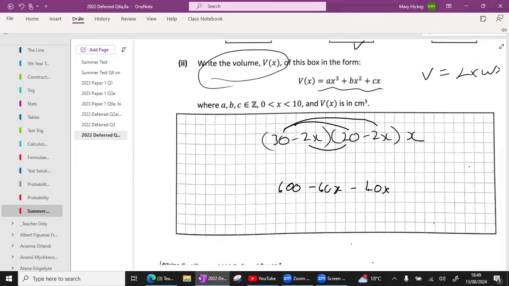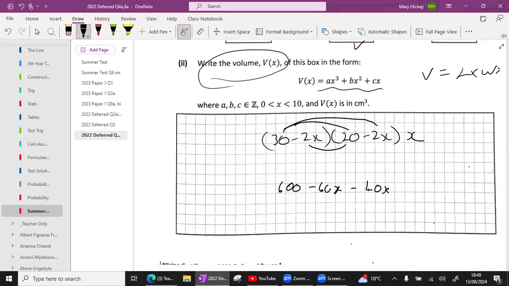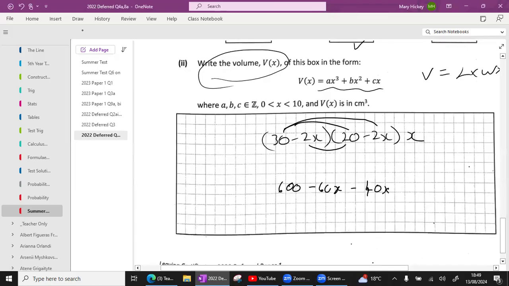So sorry, we've done the 600, we've done the minus 60x, minus 40x. So now we have to do the plus 4x squared.